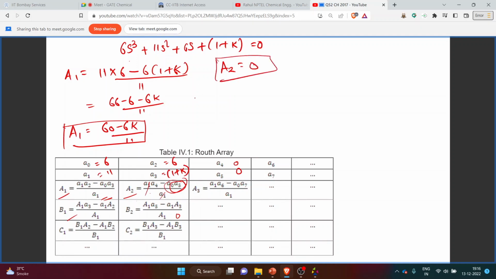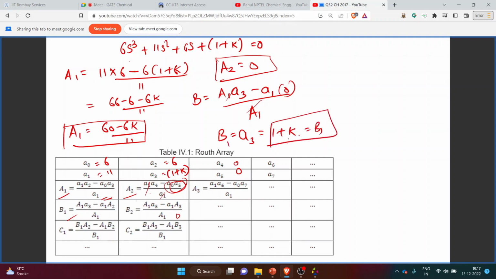And now B1. The value of B1 is A1 a3 minus a1 and A2, which is 0, upon A1. That will get cancelled, and we will get B1 as a3, and a3 is 1 plus k. That is, B1 is 1 plus k.